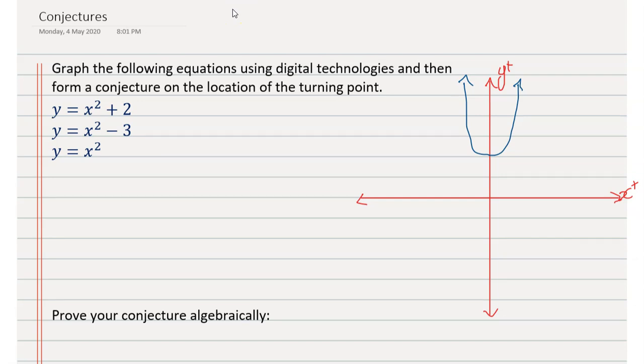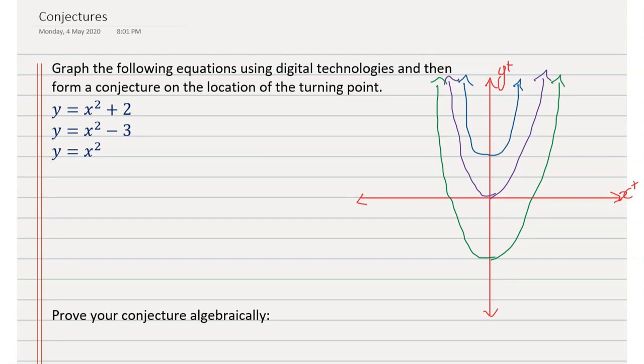Y equals x squared minus 3 is going to look something similar to that, and y equals x squared is going to look something like this. Once again, pretend that you've never seen these equations before in your entire life. This is the first time you've ever seen them graphed on a plane.